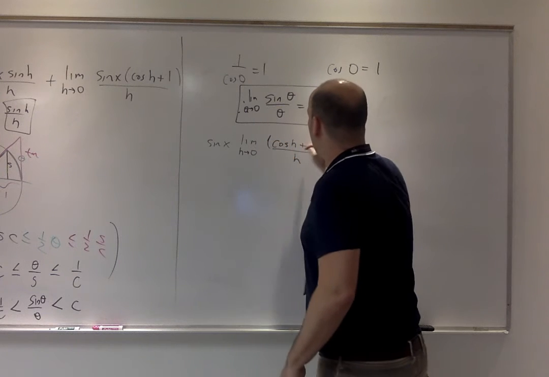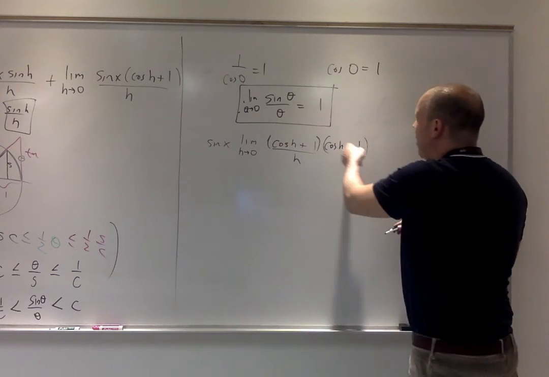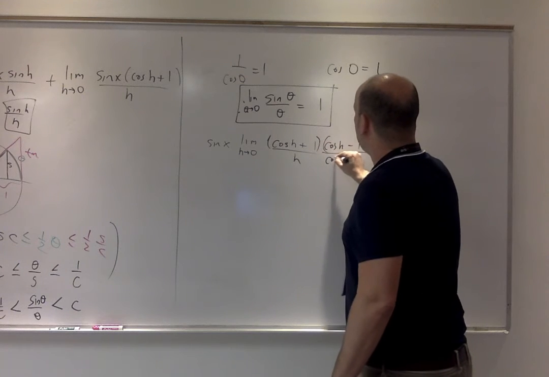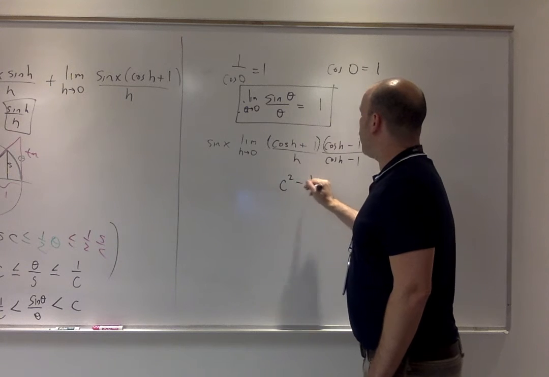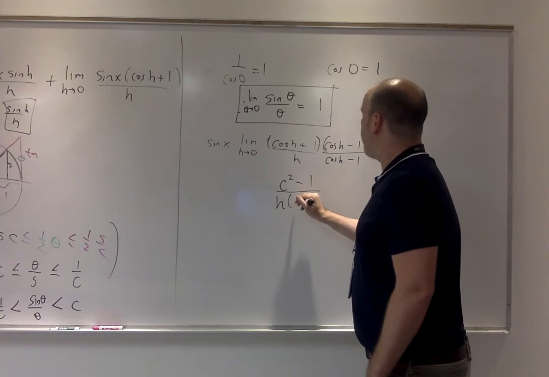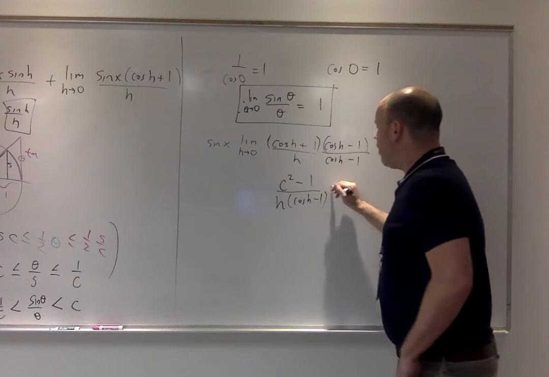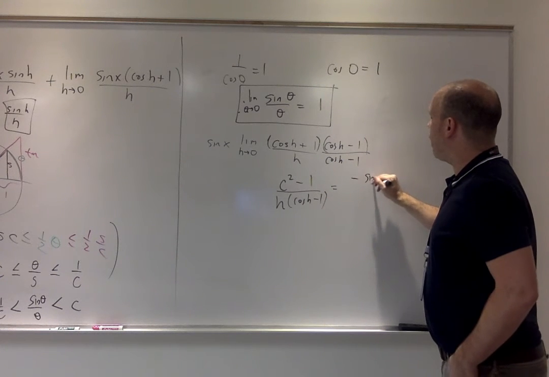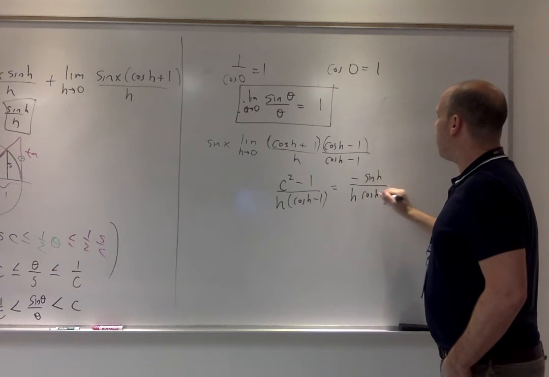The trick is, it's almost like rationalizing: multiply by cosine of h plus 1. You're going to end up with cosine squared minus 1 over h times cosine of h plus 1. This is going to be negative sine squared of h over h times cosine of h plus 1.